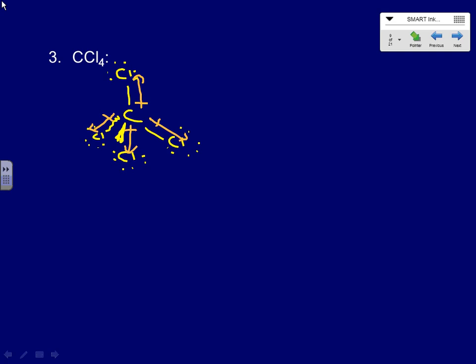I don't need you to do any fancy math or anything. You just need to think of the tetrahedron as being a three-dimensional symmetrical molecule, and therefore the dipoles cancel. So again, we can say here that this is symmetrical, therefore dipoles cancel, and therefore non-polar molecule.